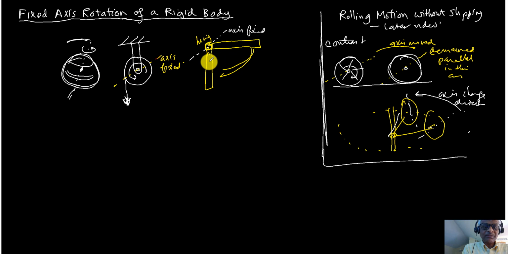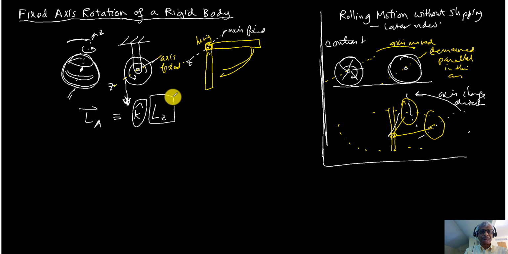In this case, the angular momentum about the axis, if you take this axis as the z-axis, simply is going to be k hat times L_z. And k hat will not change, so we can just deal with this all the time.